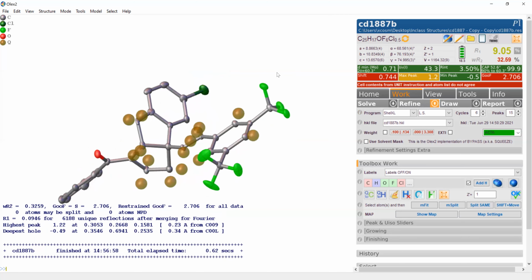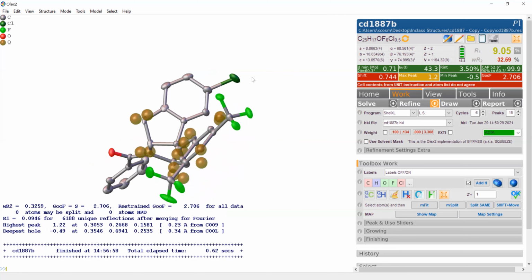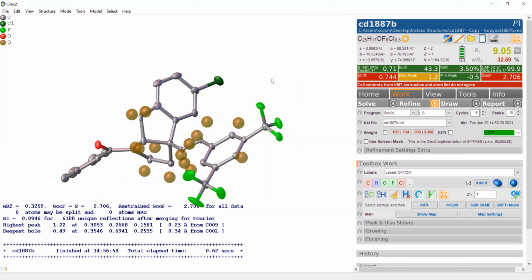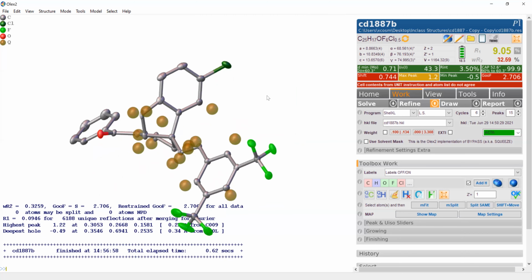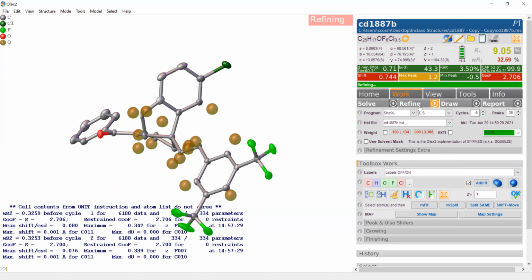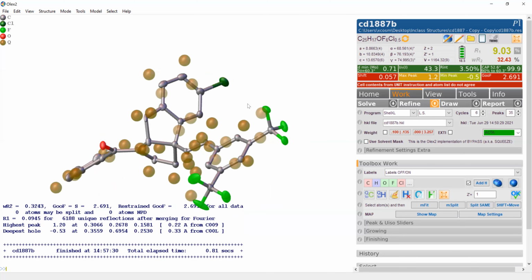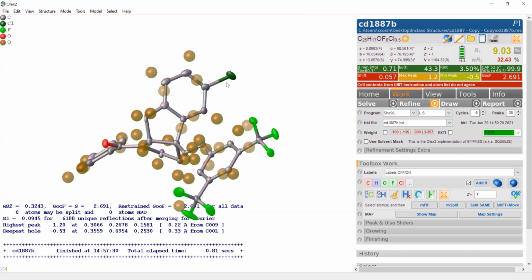And if you look around the chlorine atom, we don't see any heavy electron density peaks 1 angstrom off. And if you're saying, well, hey, maybe we don't have enough peaks, let's change it to 35, for example, and refine. Even at 35 electron density peaks, we still don't see any electron density peaks around the chlorine.